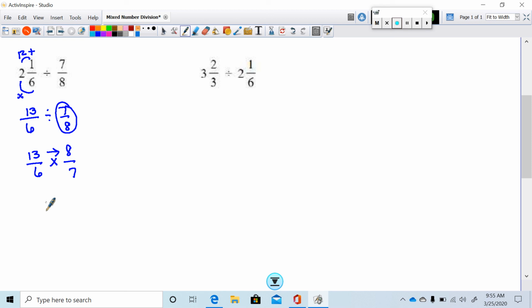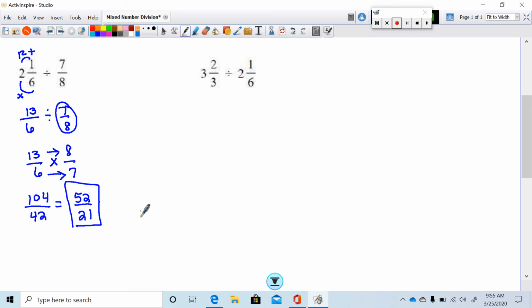Then you multiply straight across. So 13 times 8 is 104, and 6 times 7 is 42. They're even numbers, so you can cut them in half. Half of 104 is 52, and half of 42 is 21. So that's the simplified improper fraction.